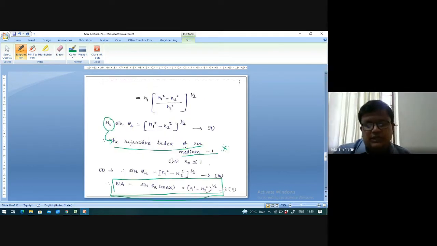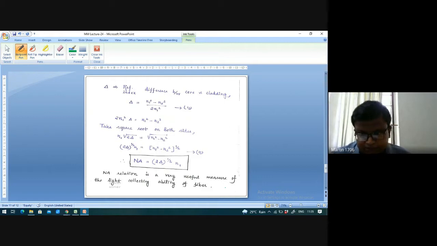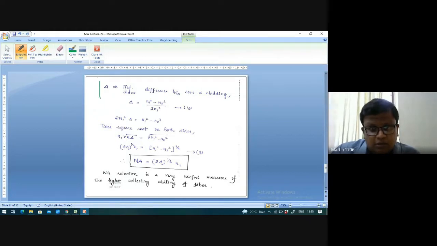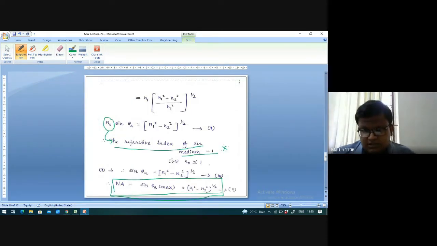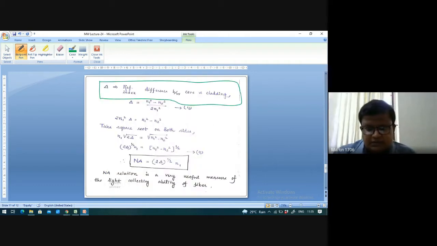This you can also relate in terms of the refractive difference between the core and the cladding, denoted by the symbol delta. There are two formulas for the numerical aperture. In the previous slide, it was in terms of refractive index.